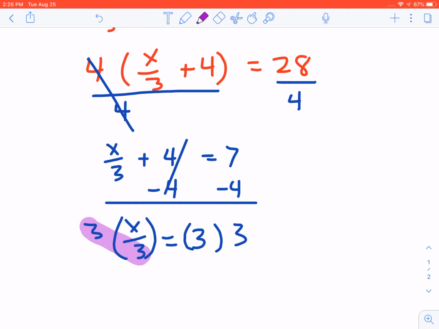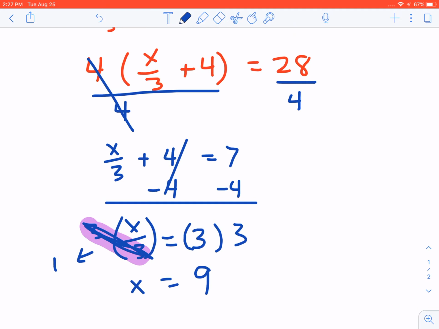So we multiply by 3 because when we divide that, we get 1, which is why we're able to cancel it out, leaving us with just x left. And on the right side, 3 times 3 is 9. And so that equation has some elements that make it a little bit tougher.